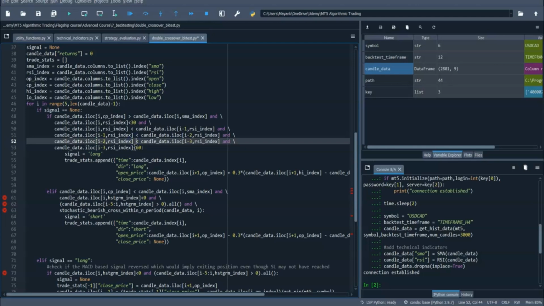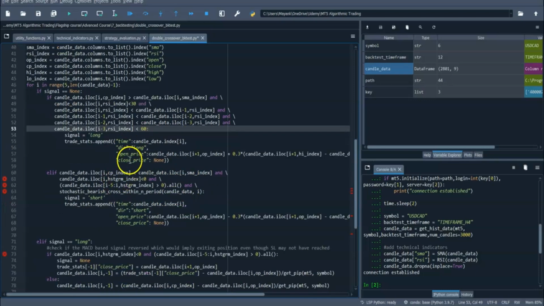Let me double check if everything is fine. I have not made any typo or logical error. Looks like this is it. Alright, so if this happens, signal is long, we will update the time, direction, the open price, and close price will be initiated as none. Nothing needs to change here.